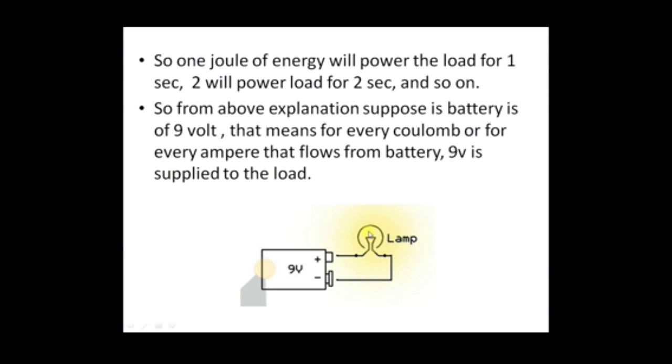If we consider this lamp as a bulb which is drawing 1 ampere, then 9 volt is supplied for 1 second. If this lamp is drawing half ampere, then this 9 volt can be supplied for 2 seconds. This is the concept of energy and load.